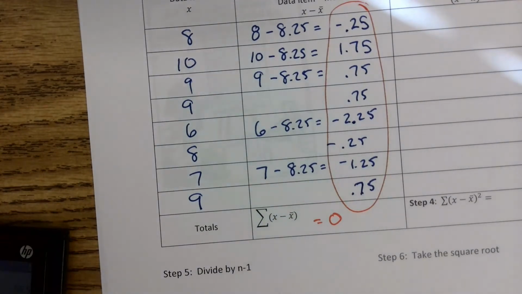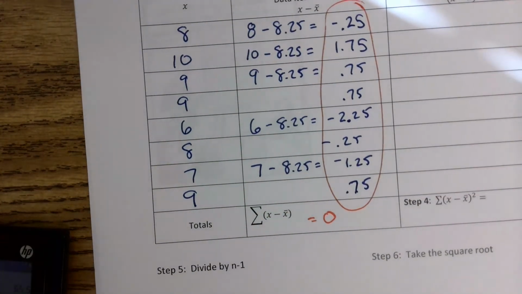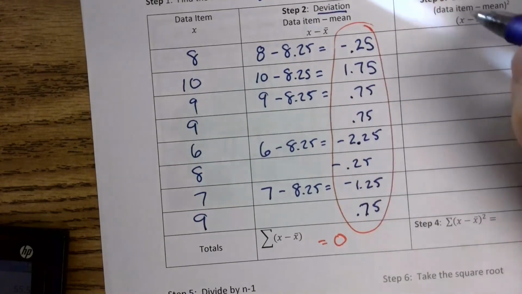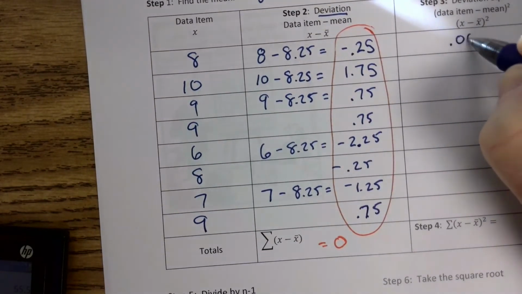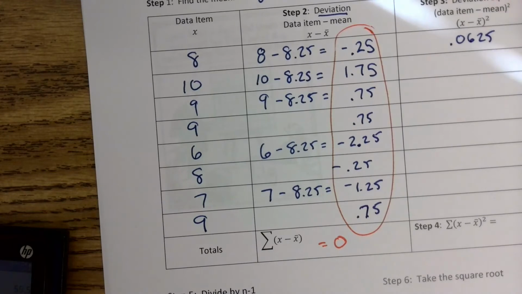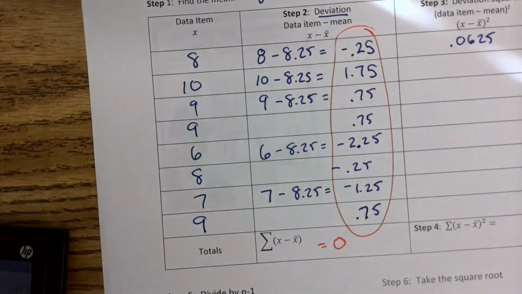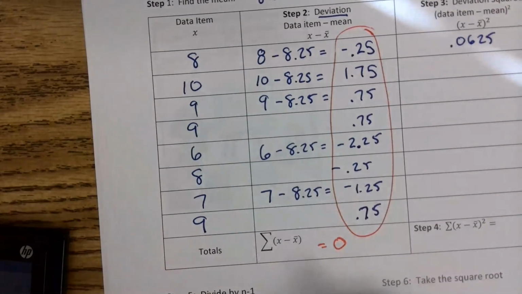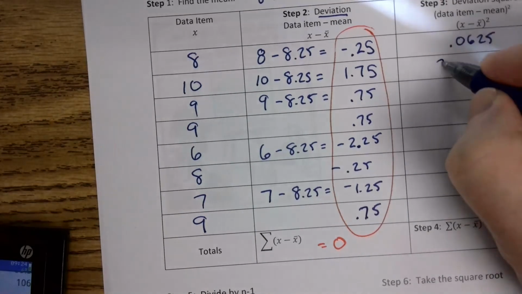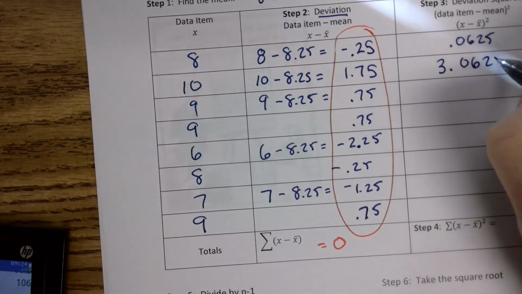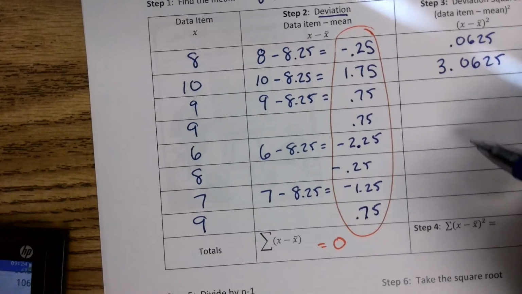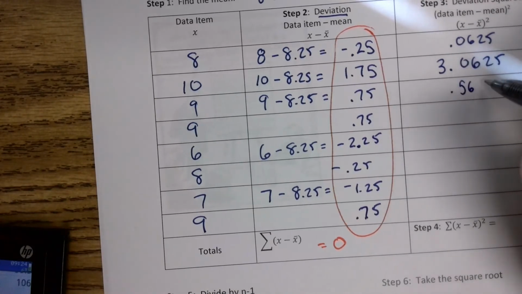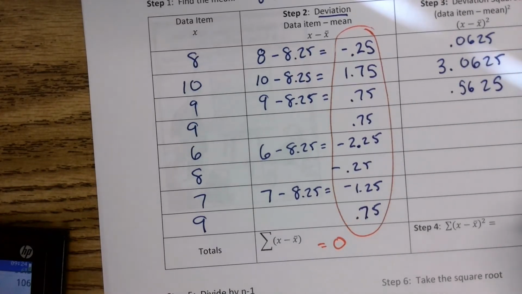Okay, so now we have to square all these things, get rid of the negative sign. So 0.25 squared is 0.0625. 34 times 9, I'm just going to have to use a calculator. So this is 3.0625. This is 0.5625. 0.5625.